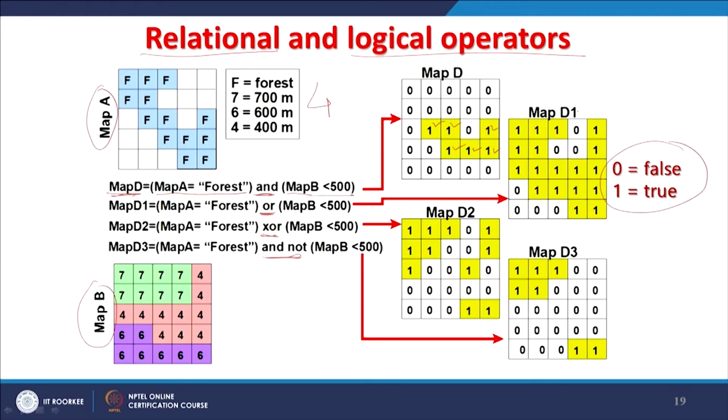There are a lot of such applications. When we have very complicated maps and want to create very simple maps that tell simply what is there and where these conditions are satisfied and where not, you can create such binary output maps.